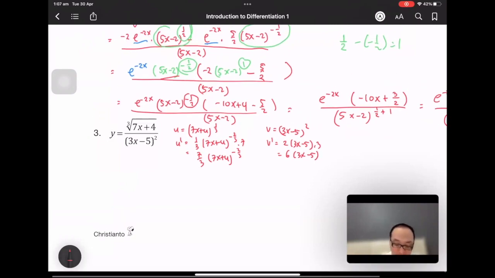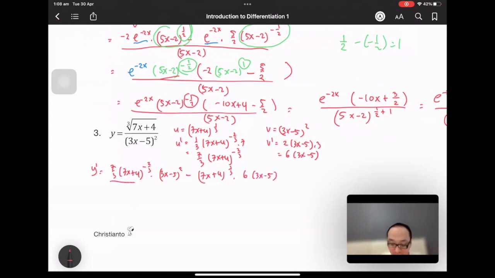Okay, so now we put into the formula, y prime equals u prime v, 7 over 3 (7x plus 4) to the minus 2 over 3 times v, (3x minus 5) squared, minus u v prime, (7x plus 4) to the 1/3, v prime, 6(3x minus 5), over v squared. So (3x minus 5) squared squared is the power of 4. Okay, now we simplify.